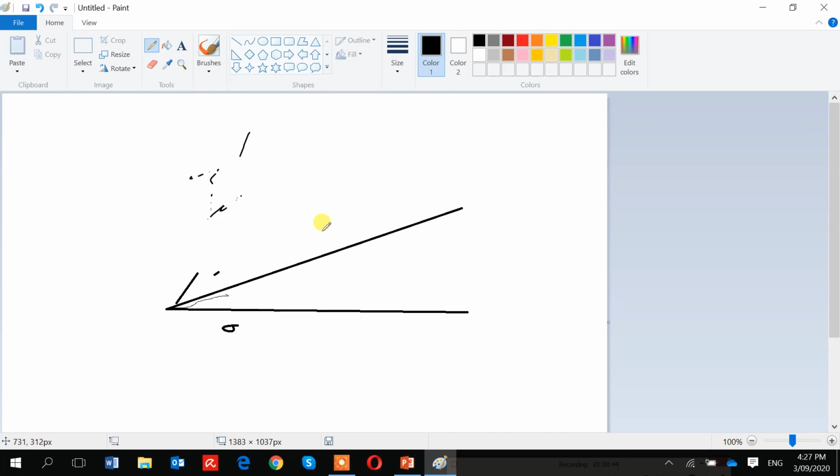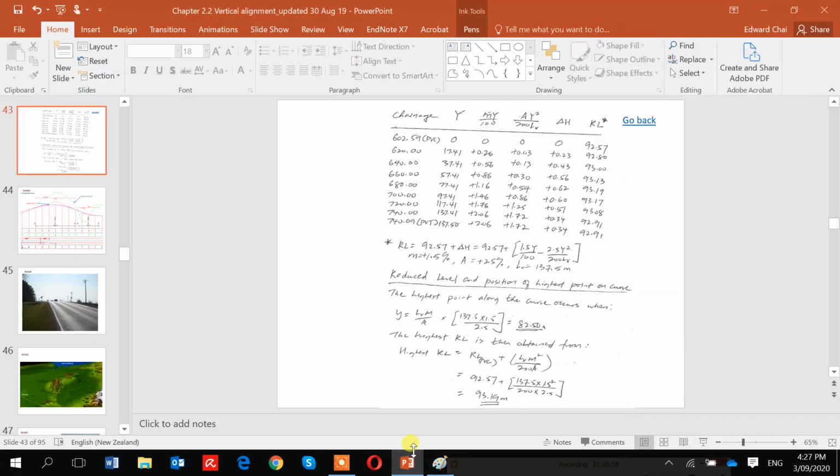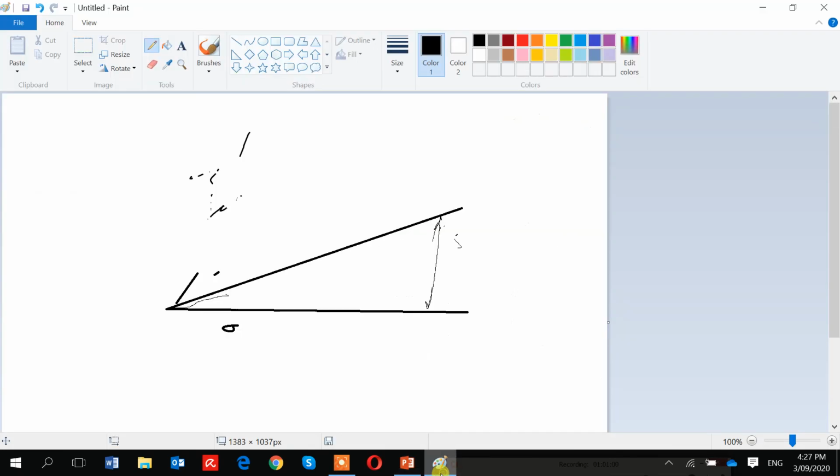So actually this distance here, this one actually is what is it equal to m? Actually, this one is equal to my divided by 100. So that's my divided by 100.